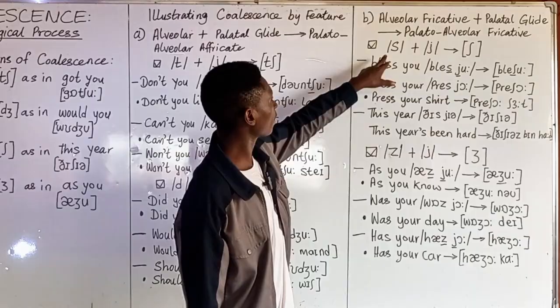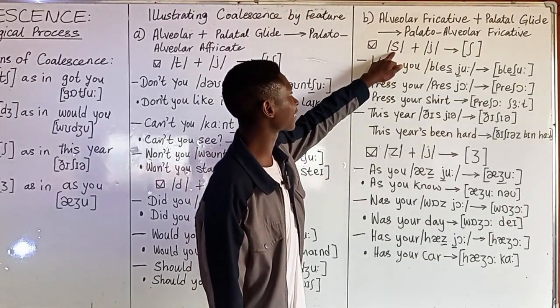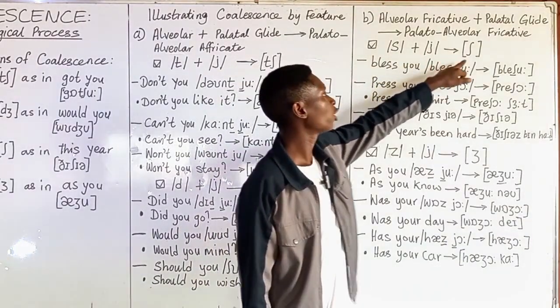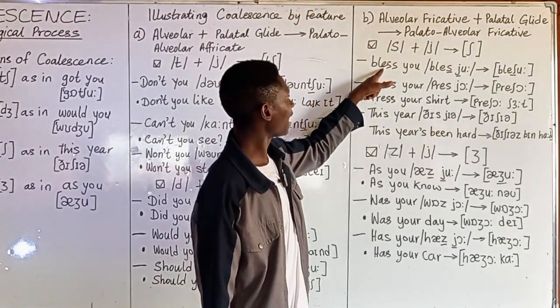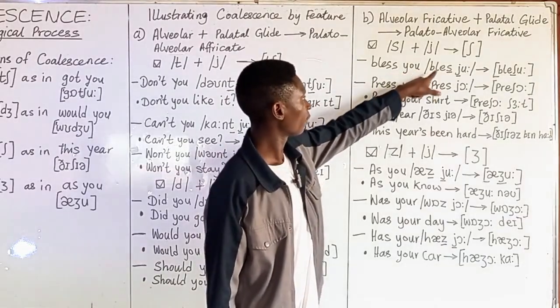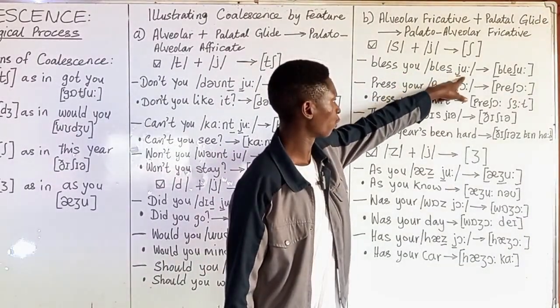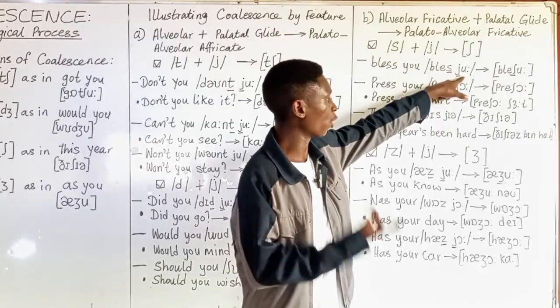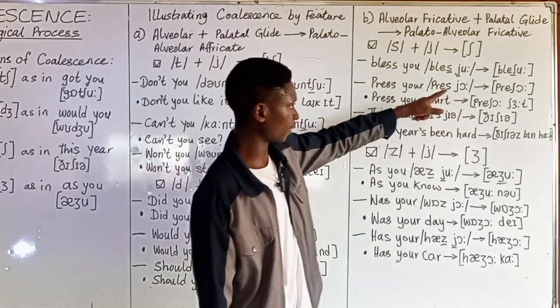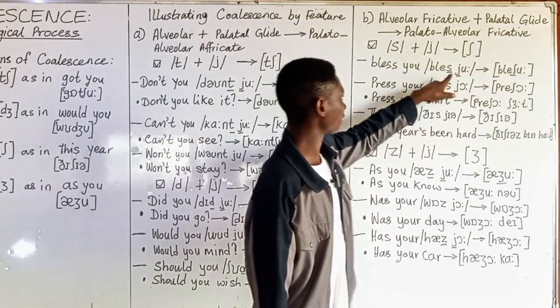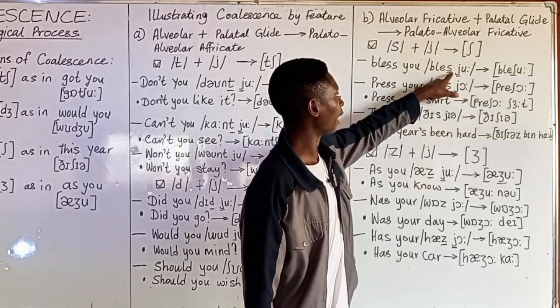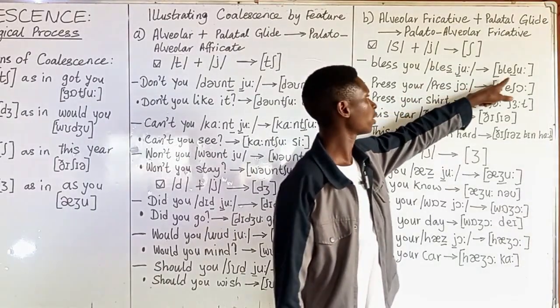A typical example is the combination of s and y to give sh, as in bless you. That is in slow speech, but in connected speech you have bless you. S and y combine to give us sh.